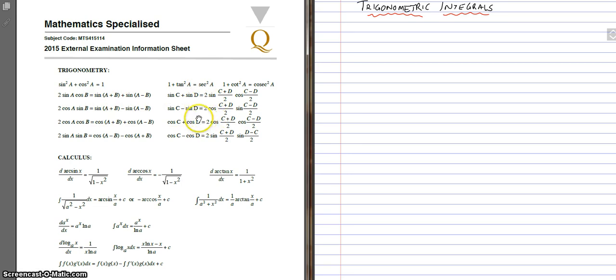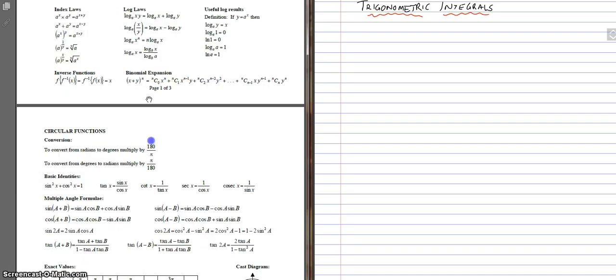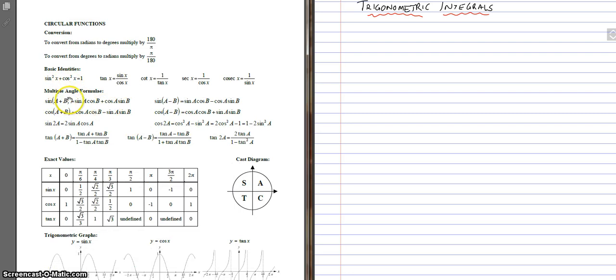We also have these products to sums and sums to products formulas. And if we then go to the methods sheet and scroll through, we can see these multiple angle formulas, these double angle formulae, along with these ones here, sums to products.